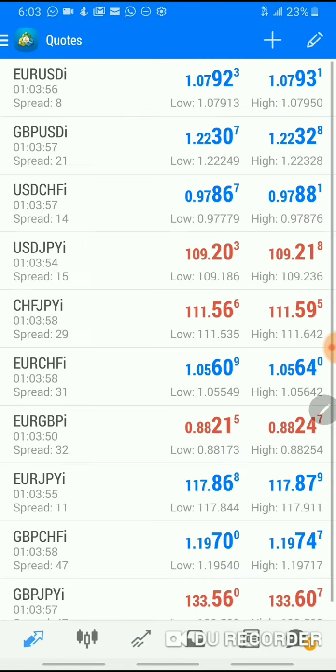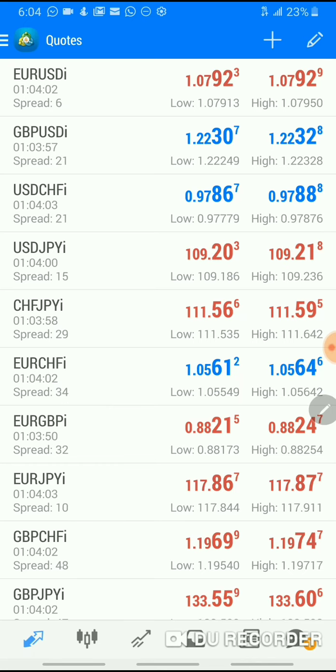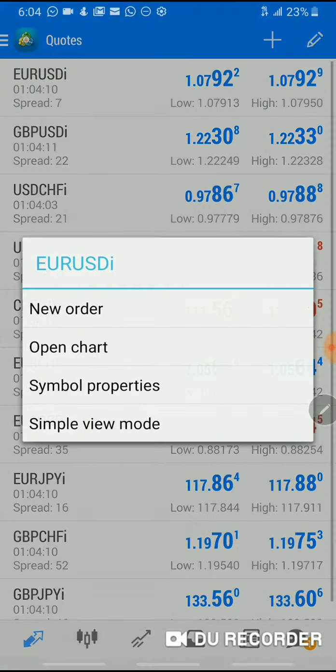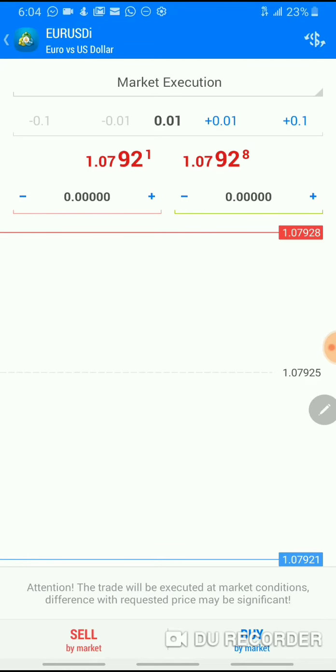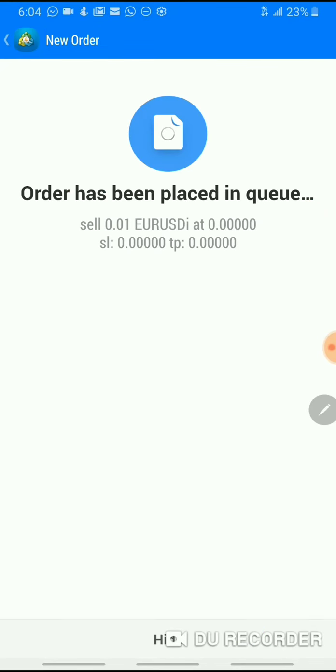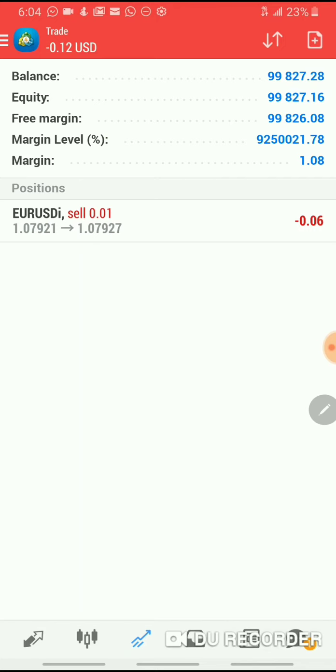So I'm going to take a trade on Euro USD, which is spread 6 to 7. That will be 0.7 pips or 0.6 pips, all right? So I'm entering the trade for a sell. Now they will enter me in the trade at 0.7, 0.6. So that will practically be the spread.